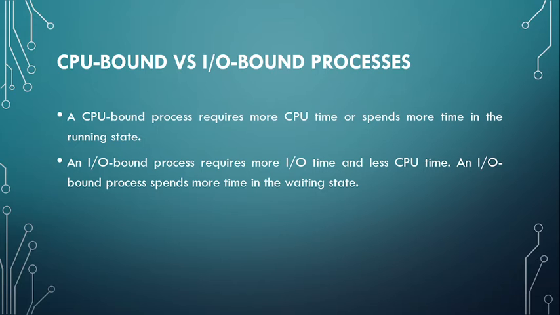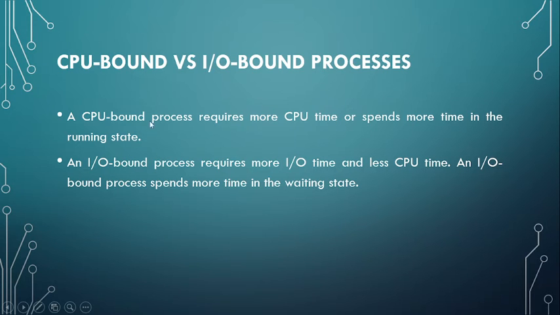So, when there is a requirement for input output devices, the process is moved to the waiting state. So, this is a CPU bound process and an input output bound process. Here the scheduler, we will see the long term scheduler next. The long term scheduler must select a mixture of CPU bound processes and input output bound processes.